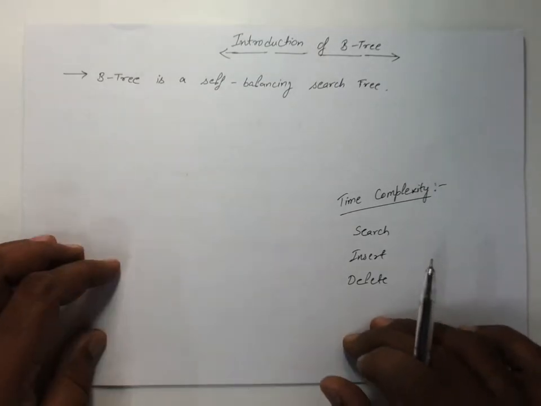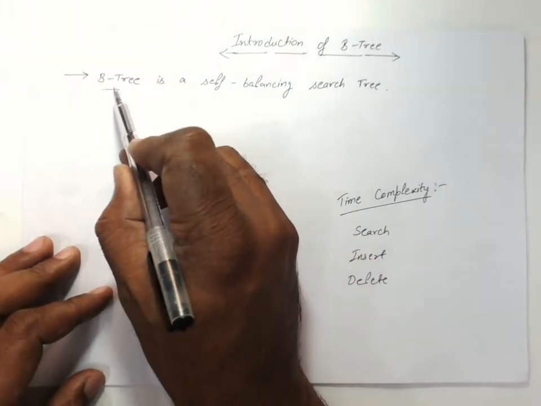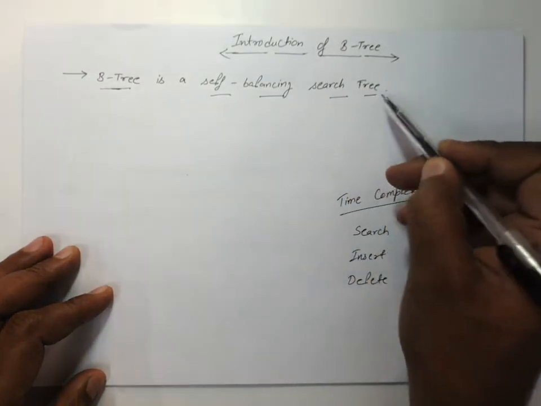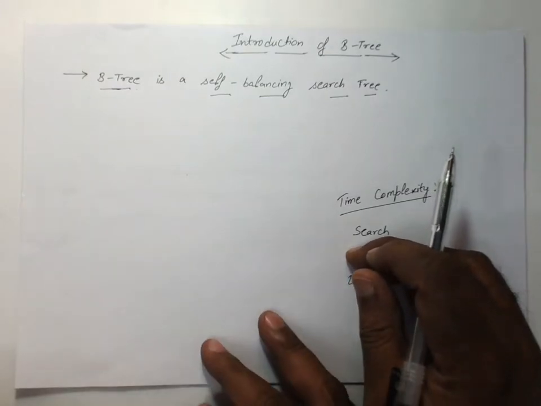As you know, B tree, as the name suggests, is a self-balancing search tree. Why is this called a self-balancing tree?